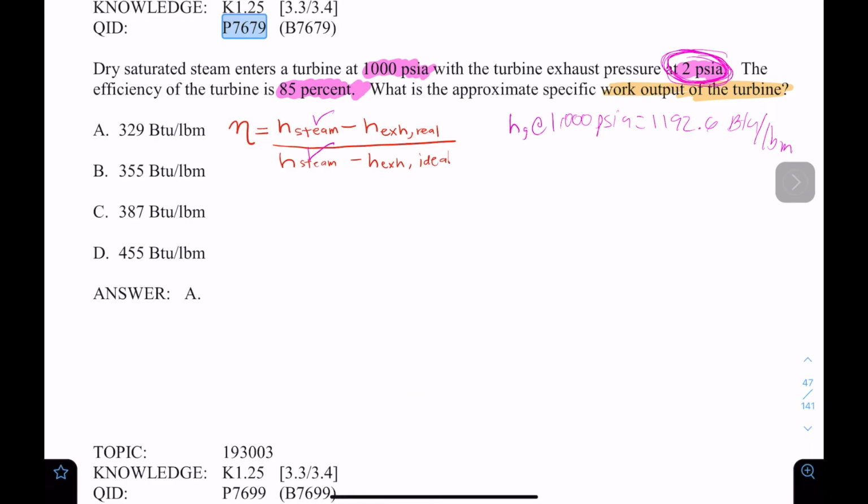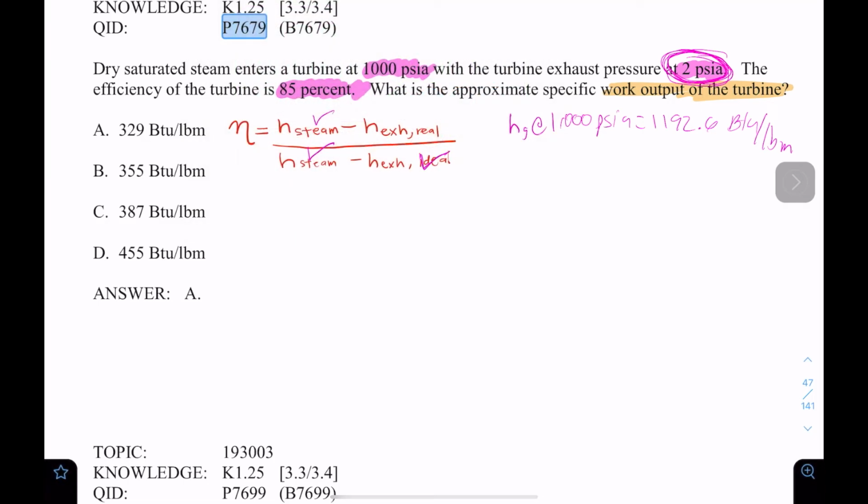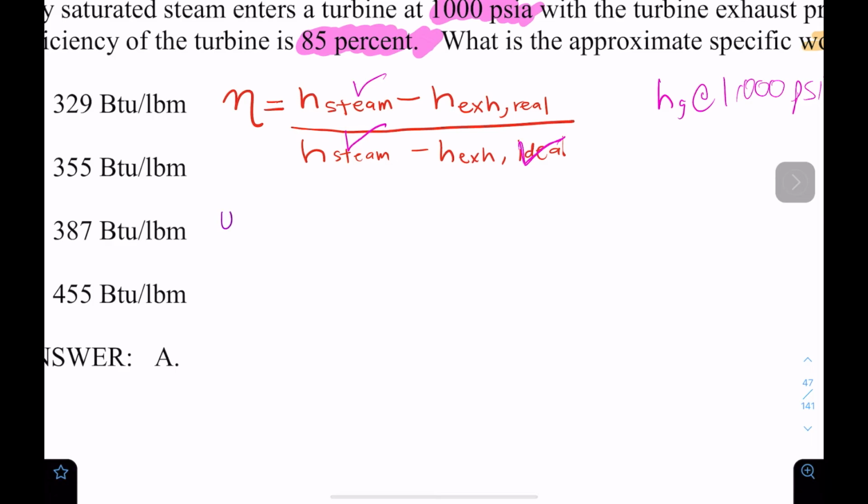So now that I know how to get that information, I'm just gonna erase this. I start plugging things in here, right? So I have all of this, so now I know what numbers to type in correctly. Because I need to get this part. This is the enthalpy that I need to get, because I need to get my real enthalpy from this efficiency, right?